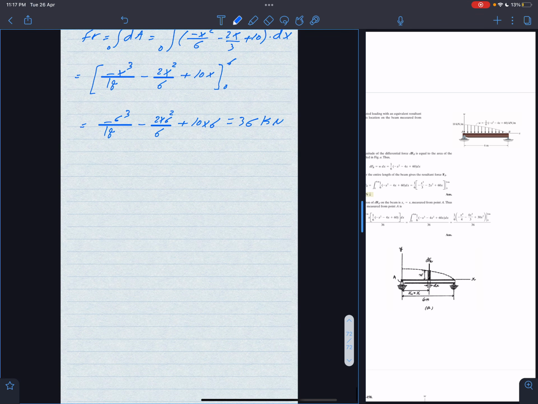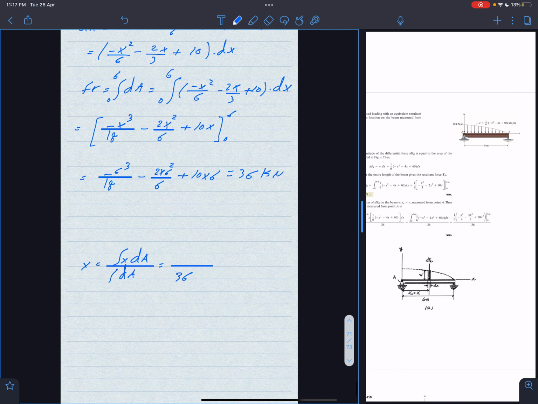If I want to find x, then it shouldn't be that hard. X equals the integral of x times delta area over the integral of delta area. So again, we know delta area, and it's 36 kilonewton. And at the top, we have x times delta area.